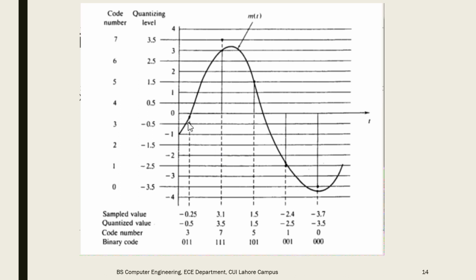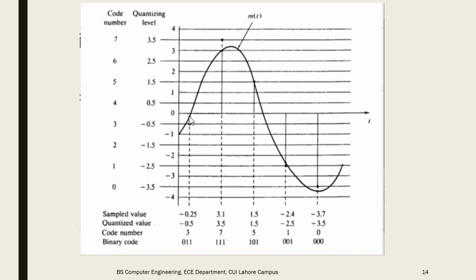Now if we look at this sample, this is the sample value, and the original sample value is minus 0.25. Now we have to either round it down or round it up. So this sample value is basically between the minus 0.5 and 0.5 quantization levels.